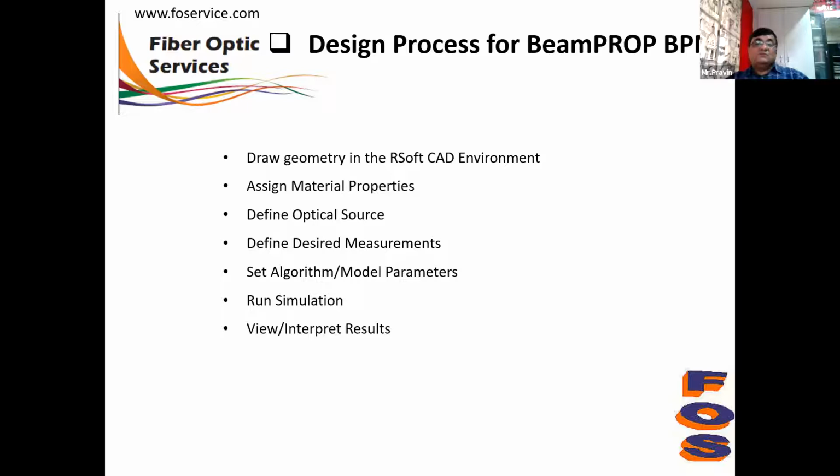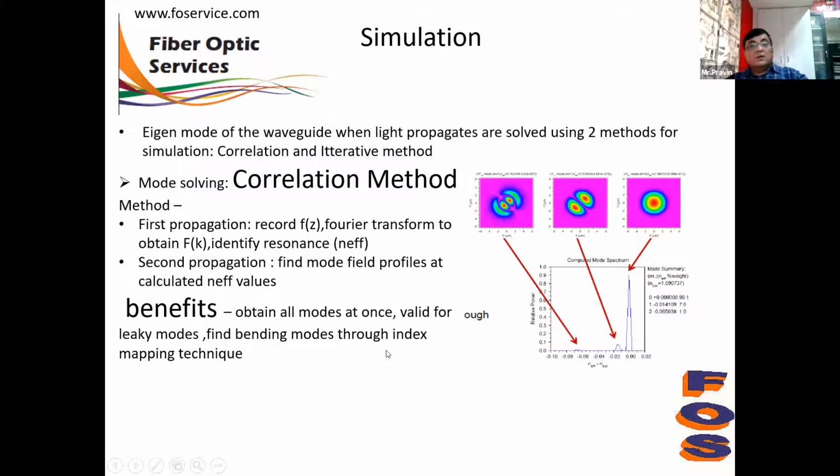You can define the source at the location where you want to use it, and then set the desired measurement parameters, algorithms, and run the simulation and then view the results. This is true for all the RSoft CAD tools.